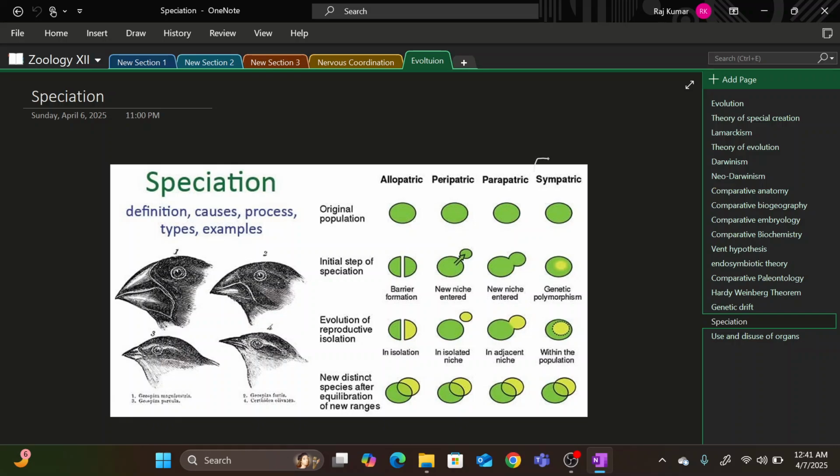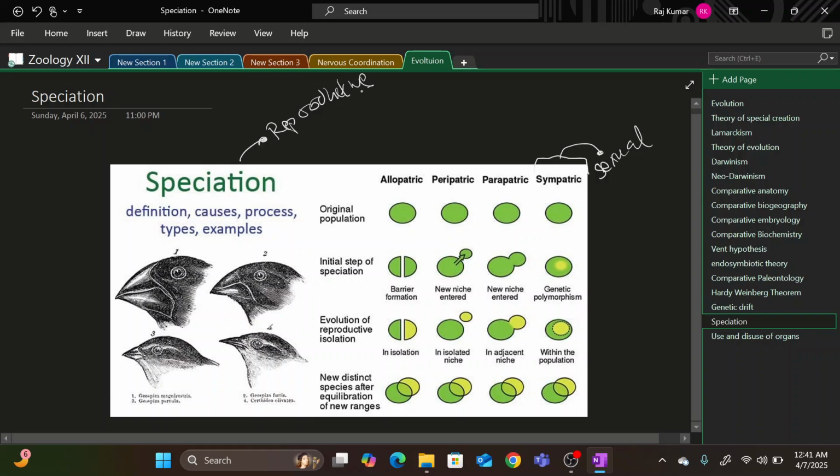When it comes to sympatric speciation, it is due to sexual isolation. All types of speciation are due to reproductive isolation. Further, reproductive isolation can be divided into sexual isolation, geographical isolation, behavioral isolation, tropical isolation, depending.